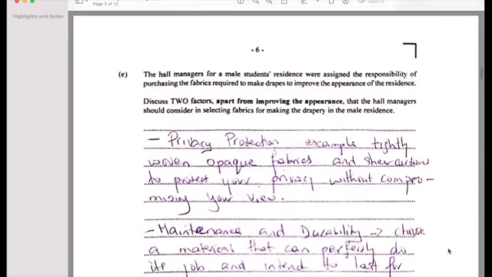The next question: the manager for a male students' residence was assigned the responsibility of purchasing fabric required for drapes. So they're making drapes. They're asking, discuss 2 factors, apart from improving their appearance, that would be the best option in selecting those fabrics.